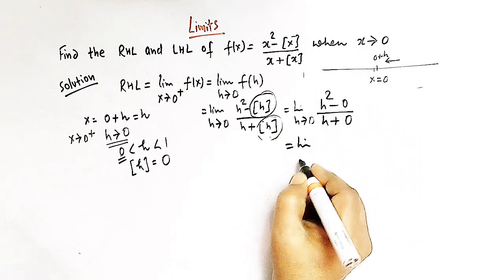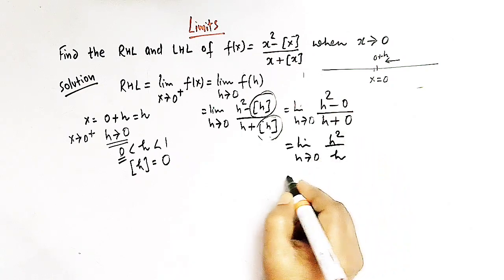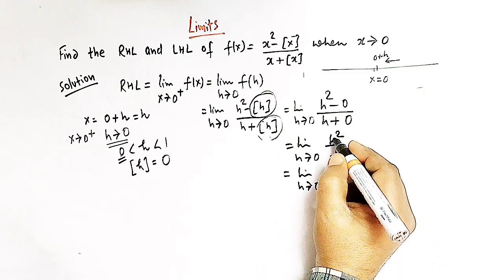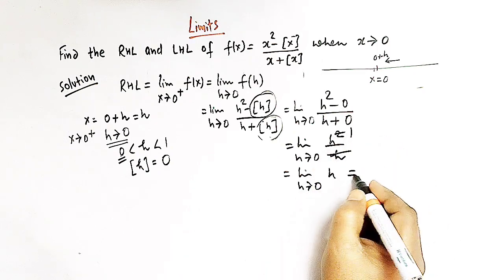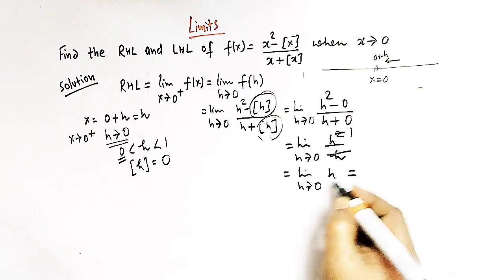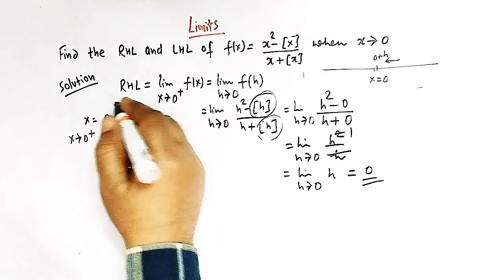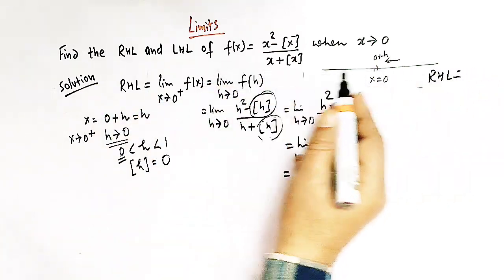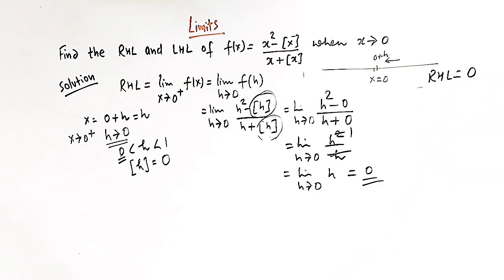So we have limit h tends to 0, h square over h, and here this h and this h get cancelled. So we have limit h tends to 0 of h, and taking h is equal to 0, we have here a 0. So the right hand limit of this function when x approaches 0 is equal to 0.